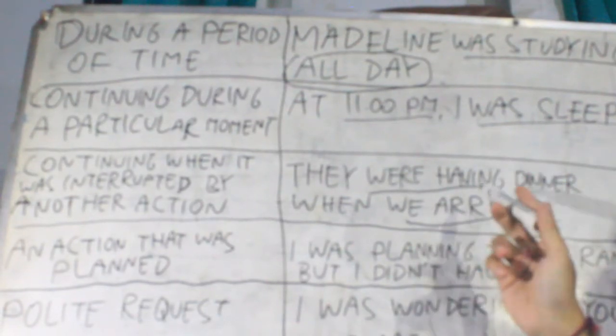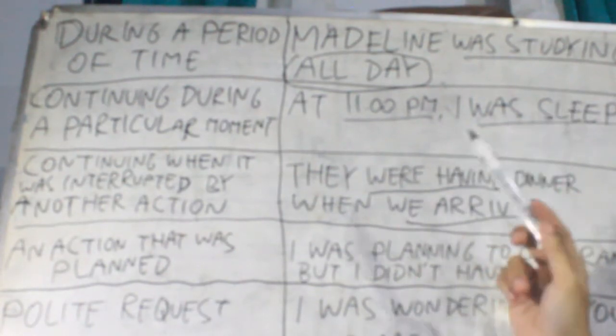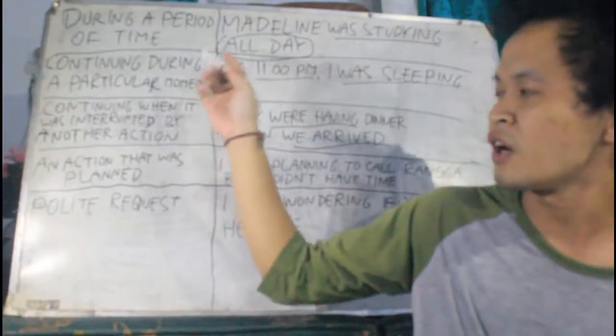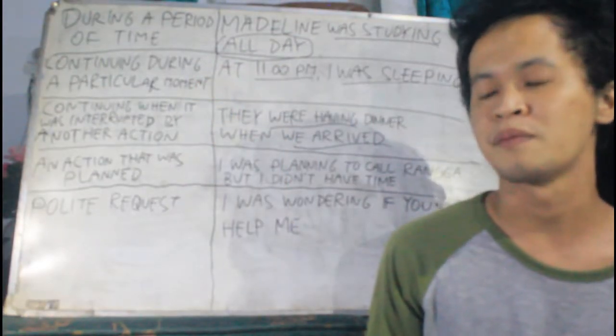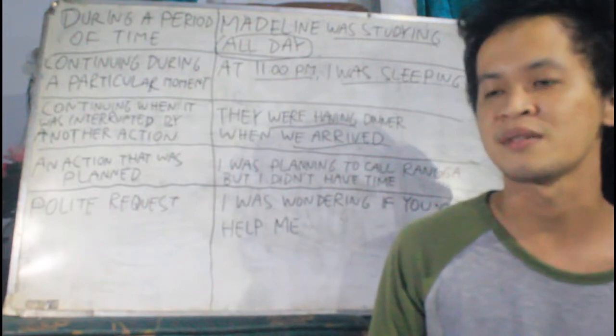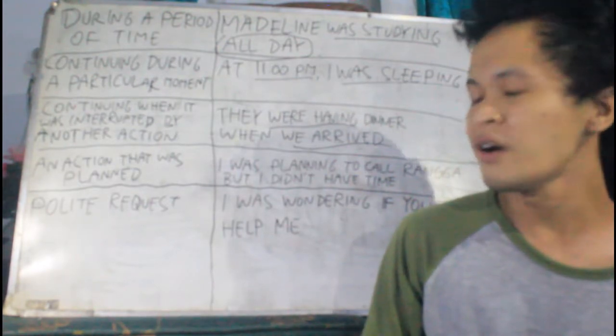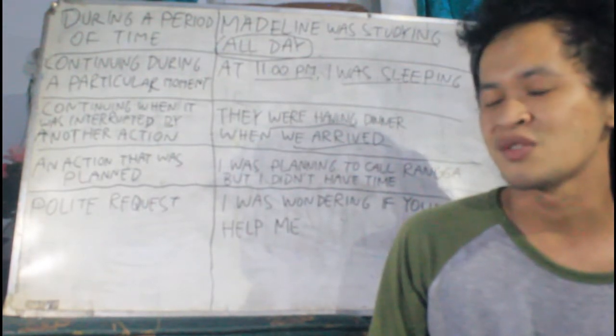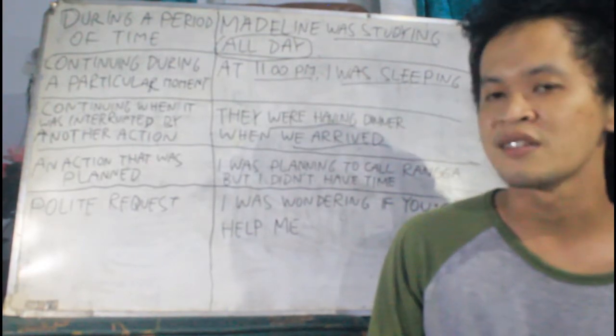This action was continuing and then something happened in the middle. When you want to show what was going on at that time, we use past continuous. So those three are the basic ways of using past continuous and past simple. But there are a couple of advanced ways. Let me show you.